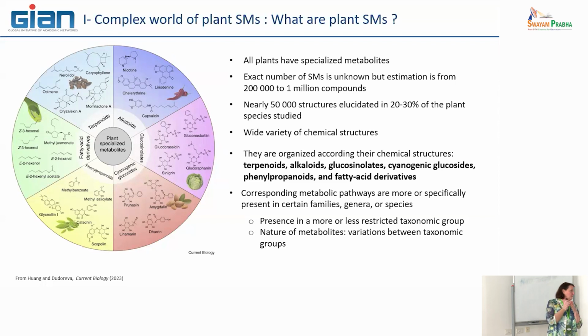So it's quite a small part only for the metabolites, and also only within the biodiversity of plants, because only 20 to 30% of plant species have started to be studied for their ability to produce specific metabolites. So there is a large amount of work to continue.